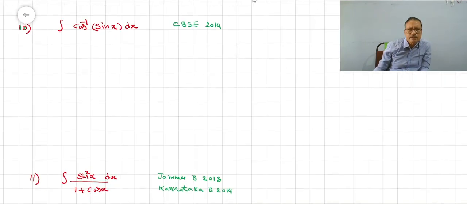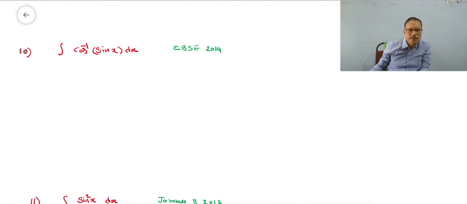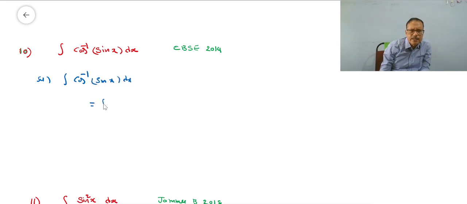So next one, integral of cos inverse of sin x dx. So cos of 90 minus theta is equal to sin theta.